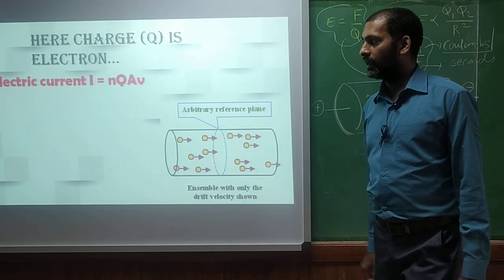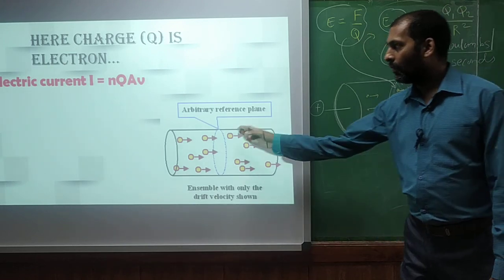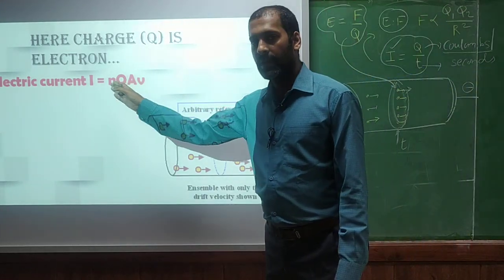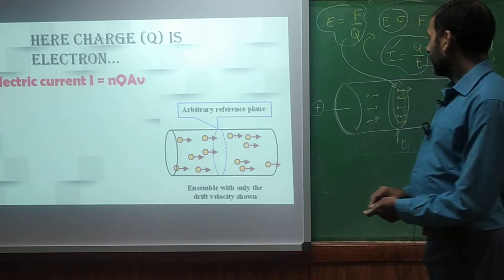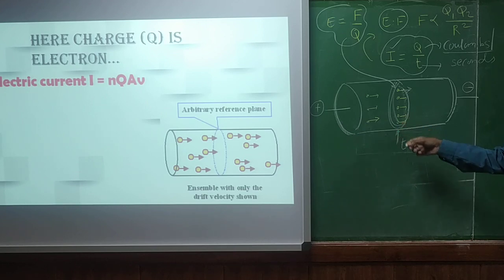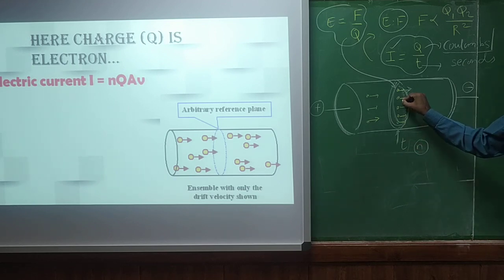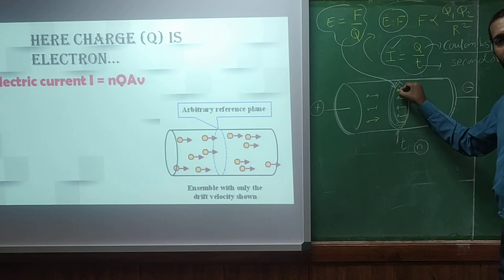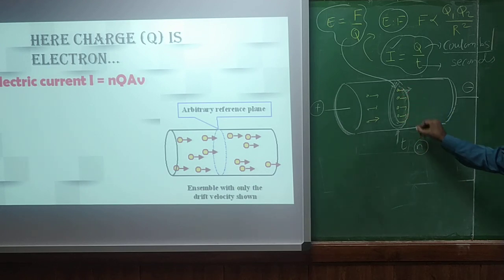So here we will consider the charge. Now we will relate it with some kind of velocity. Here we have a number of electrons, say 1, 2, 3, 4, 5, n or whatever is the number. So that n is, say, the density of electrons. How many electrons are there? More electrons, more current. So the first parameter is the number of electrons.